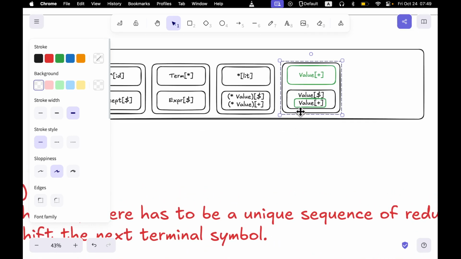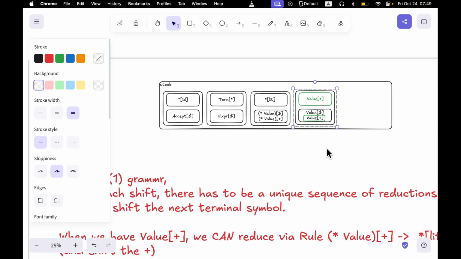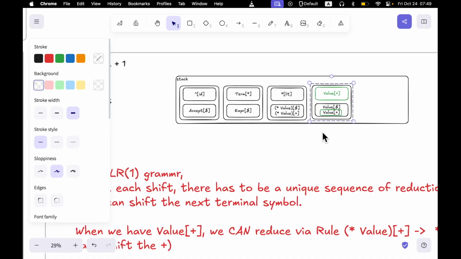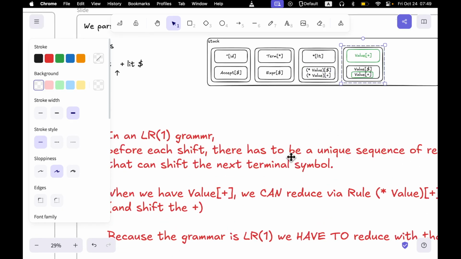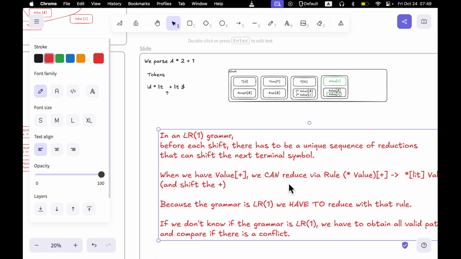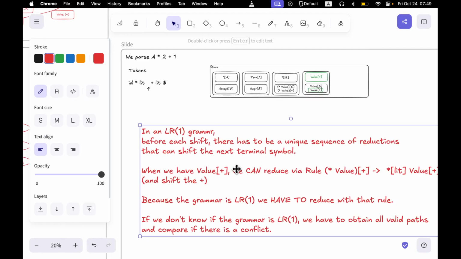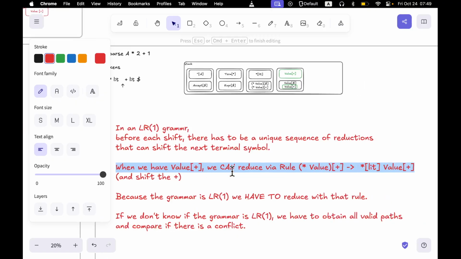I'll explain later, but if you follow this step, you will eventually get to a state that can shift the look ahead plus symbol. Okay, so what I mean, I'll continue.